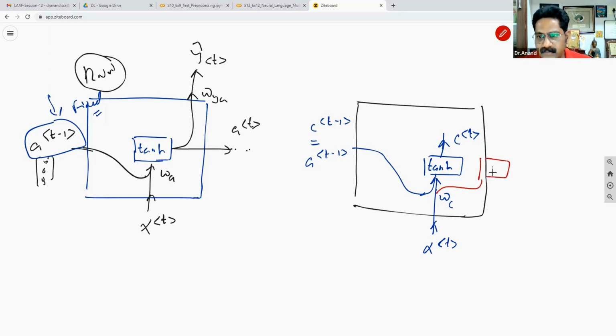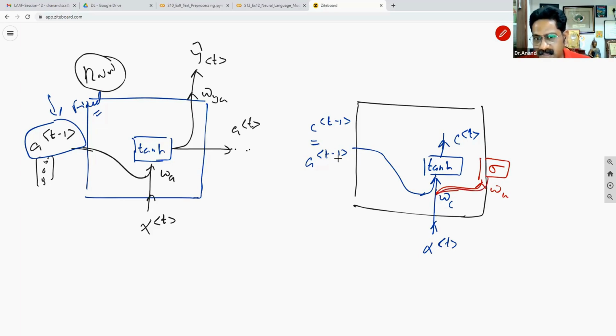Another connection. Even for the sigma, we take AT minus 1 and the same XT. But for this side, we have a separate weight matrix called W suffix U. That is why I'm extending the connection over here.